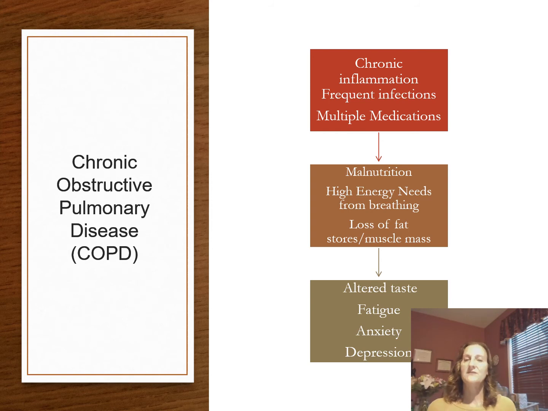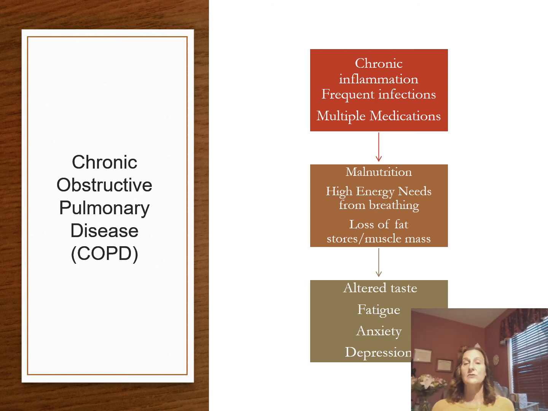The second half of this chapter is regarding pulmonary disease. We start out with COPD, which I'm sure you're quite familiar with if you work in long-term care facilities. Pulmonary function is broken down into 2 categories.